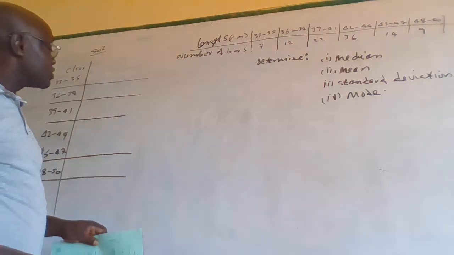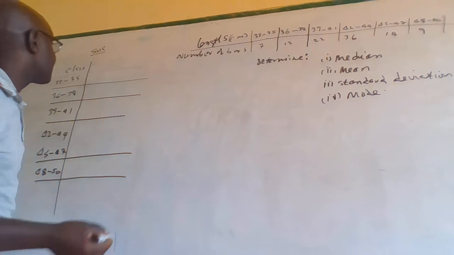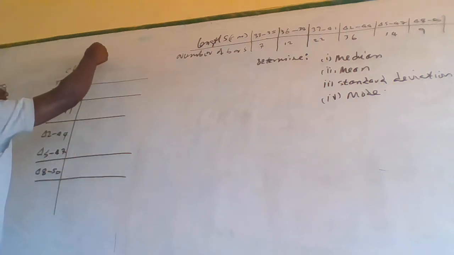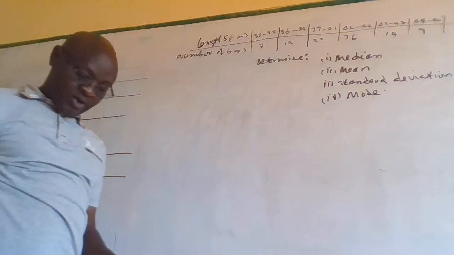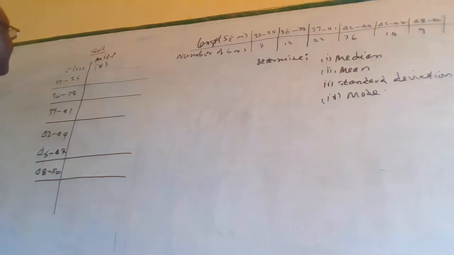And then we shall require to get the midpoint of the classes. So the midpoint of the classes will be our x. If you get the midpoint, you take 33 plus 35, then divide by 2.